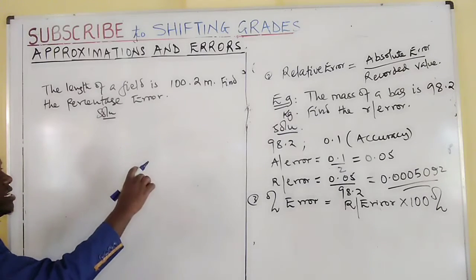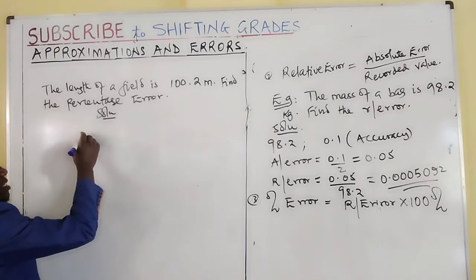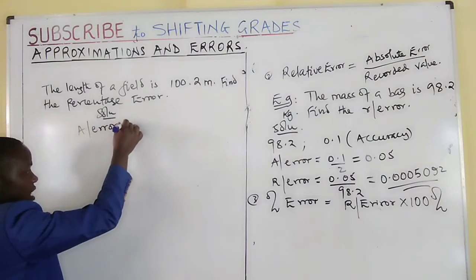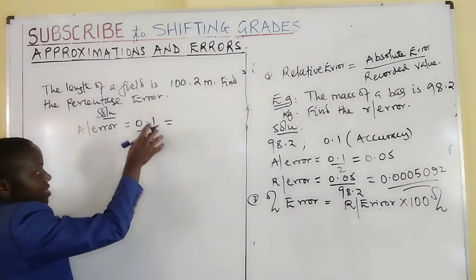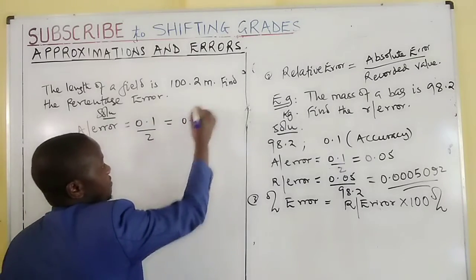and hence the absolute error. Because accuracy is to 0.1, then absolute error will divide the accuracy degree by 2. This will give us 0.05.